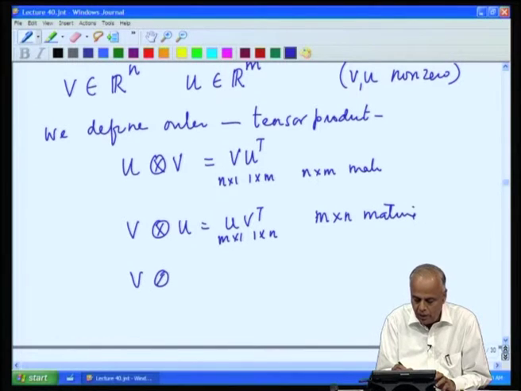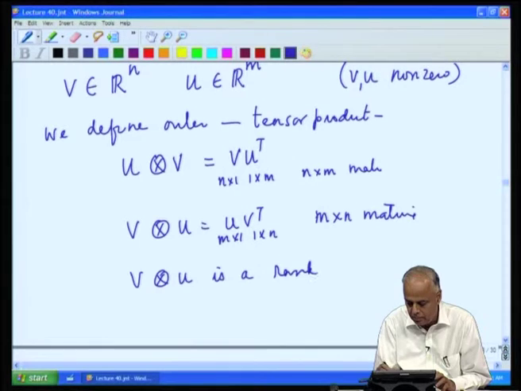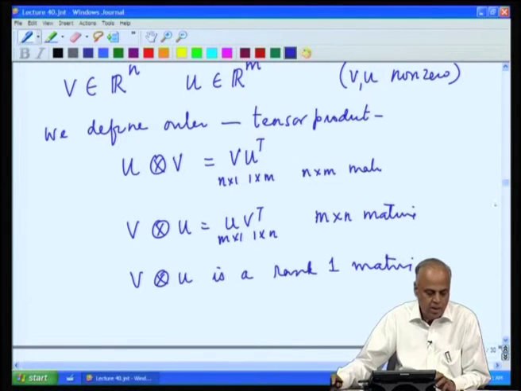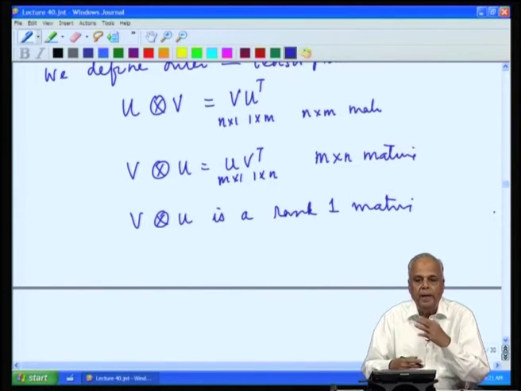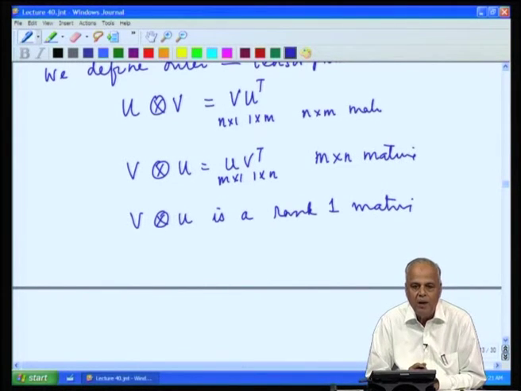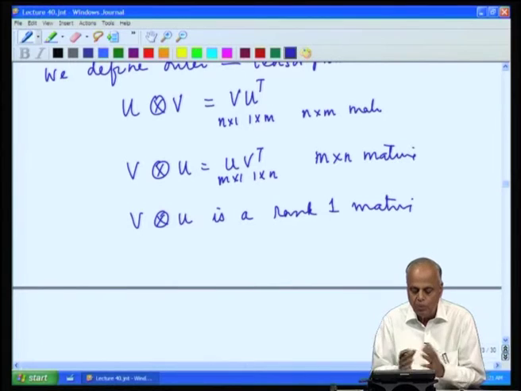Then v tensor u is a rank 1 matrix. We then said we can take such rank 1 matrices and superpose them.